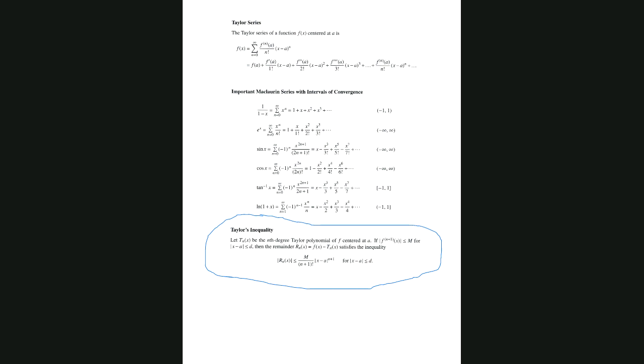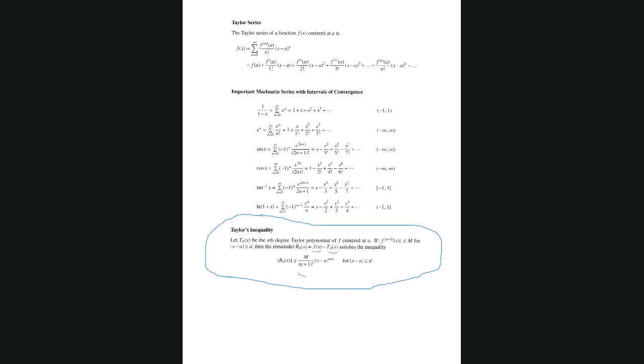Hold on here, I'm trying to get this. Let me blow this up a little bit more here. Okay, you have here an error bound. R sub n is the remainder. It's the difference between the function evaluated at x and your nth degree Taylor polynomial evaluated at x.